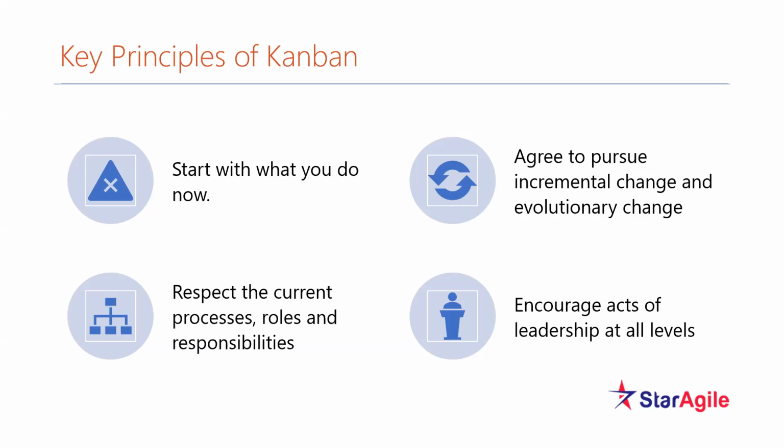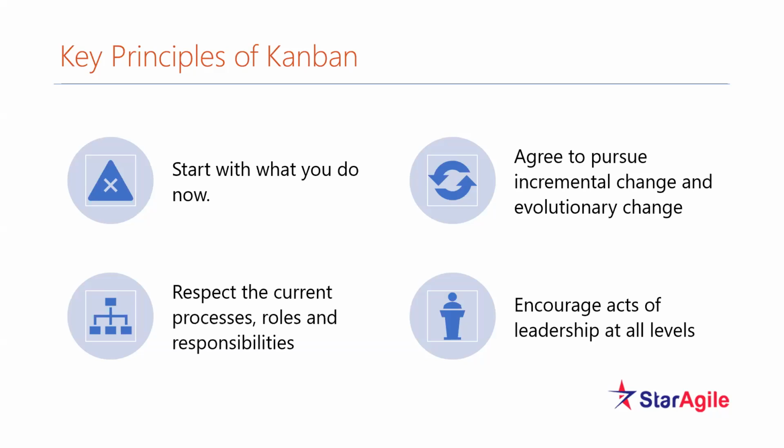Now, when we talk about the key principles, how do we go about implementing Kanban with teams? If you have to implement any other methodology, there is a demand that these many roles should be present, product owner should be there, scrum master should be there, and all that. And that is when we can start a scrum team.